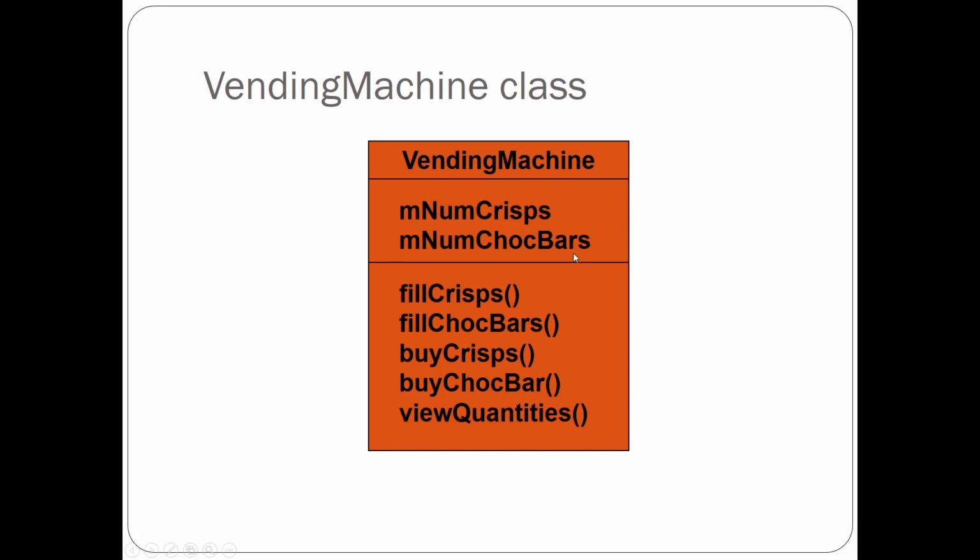And then we're going to have methods for fillCrisps to add crisps to the machine, fillChocolateBars, which will add a box of chocolate bars to the machine, and then we've got methods for someone coming along buying a packet of crisps and someone coming along buying a chocolate bar. And at any one time we can call viewQuantities so that we can see what we've got left in the machine.